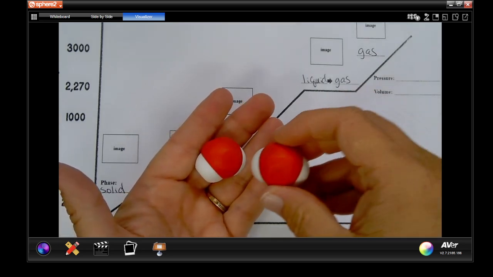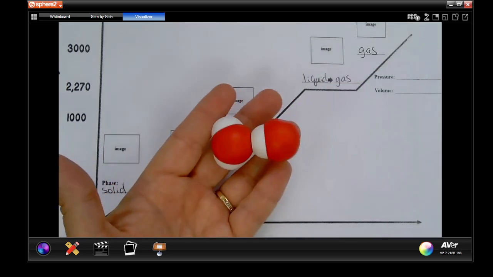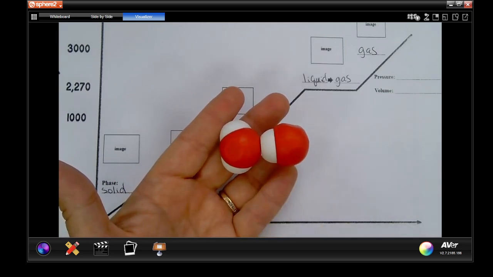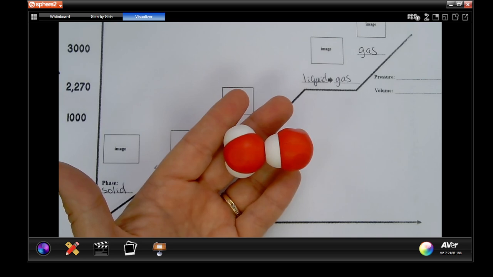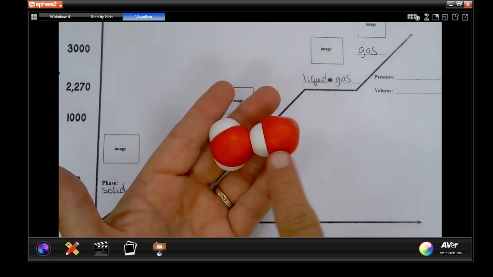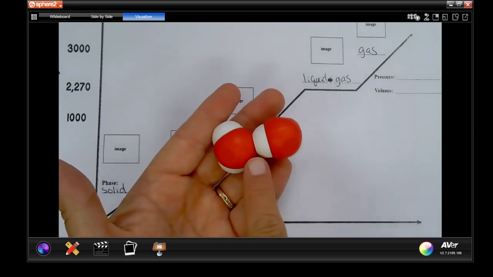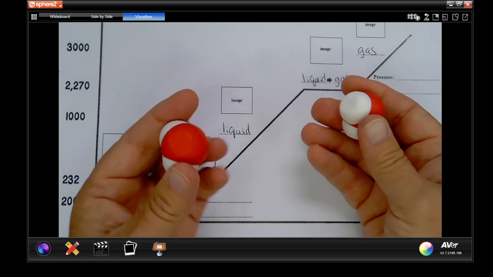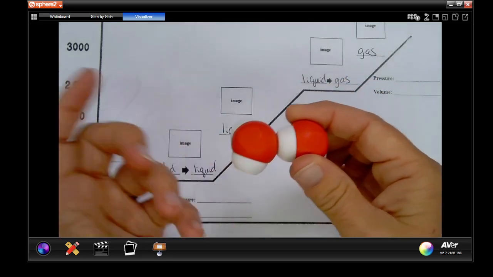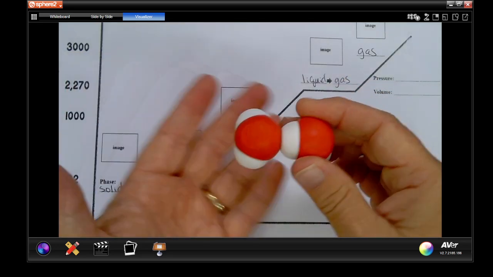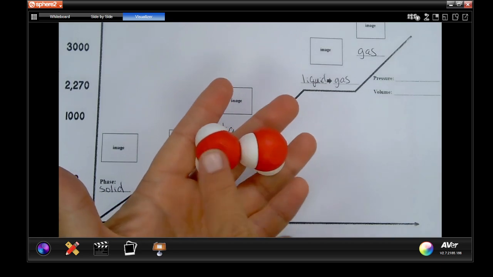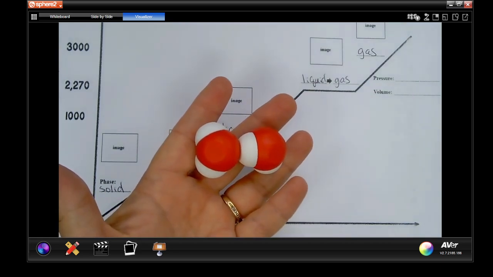And intermolecular forces are forces between 2 molecules, intermolecular, okay? It's not within the atoms themselves, it's between the actual H2O molecules. So you can see when I put these close together, they are attracted to each other. That means these guys have an intermolecular force, okay?